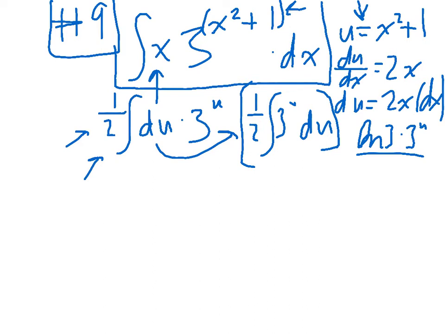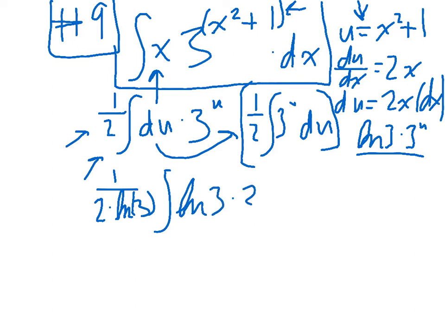So we're going to come out with 1 over 2 times the natural log of 3, times the integration of the natural log of 3 times 3 to the u du. And we're doing this because the integration of 3 to the u has to equal the derivative of 3 to the u.